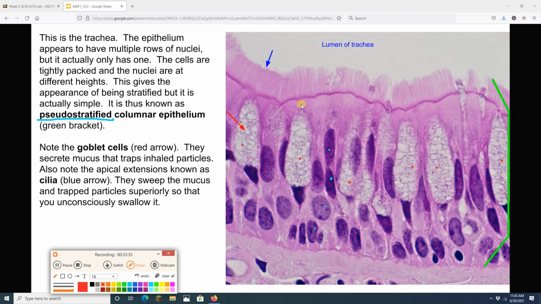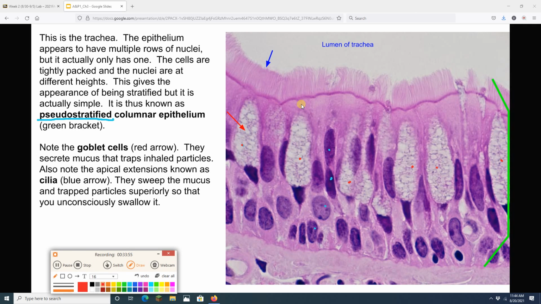You are always unconsciously swallowing this mucus. You swallow like a half liter of mucus without realizing it a day. Swallowing it is good because it goes down into your stomach where your stomach acids can deal with whatever nasties were trapped within it. So, this is the trachea.